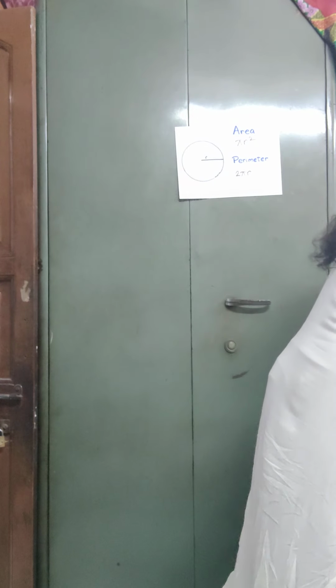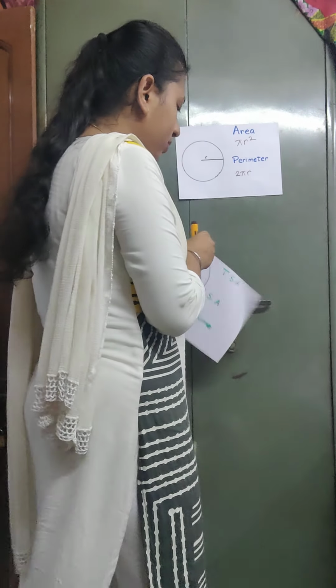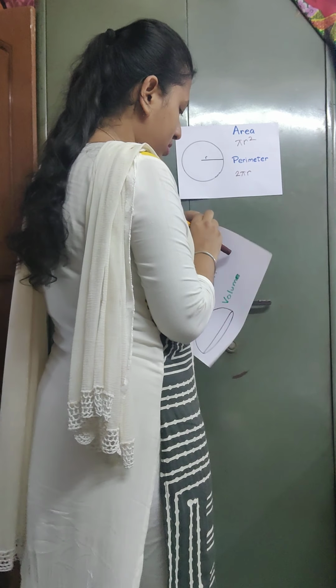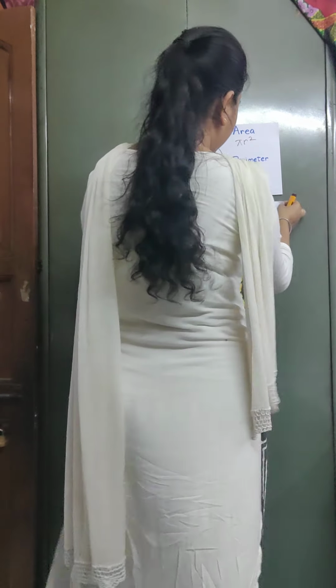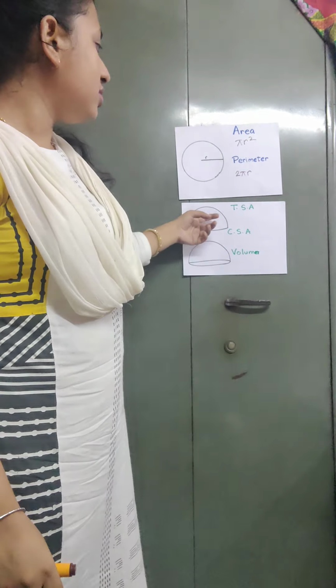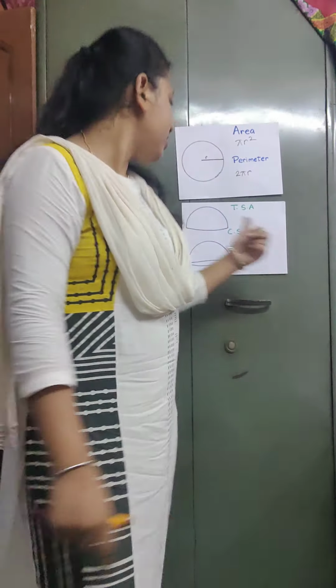Now, subsequently, if we take out a hemisphere. This is the hemisphere, which means half of the sphere. It is also known as semicircle type. But semicircle is the 2D shape and hemisphere is the 3D shape.